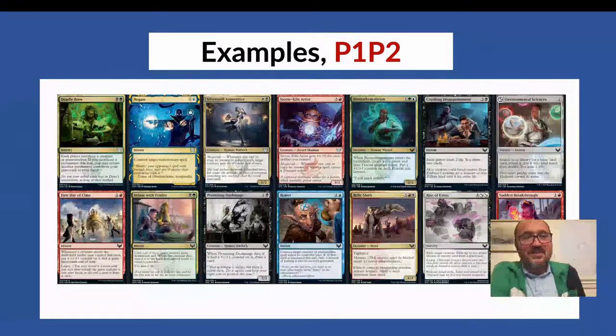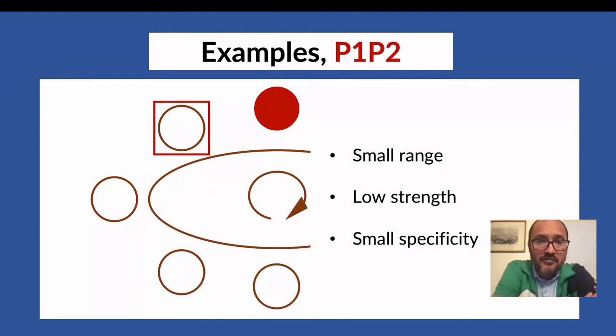So this is what we receive and this is what we're going to be sending. I mean, in the end, I picked the Silverquill Apprentice from this pick. But what is important is that this first signal from pick 2 has a very small range, because it basically covers only one player.